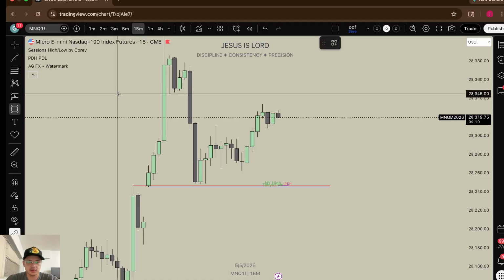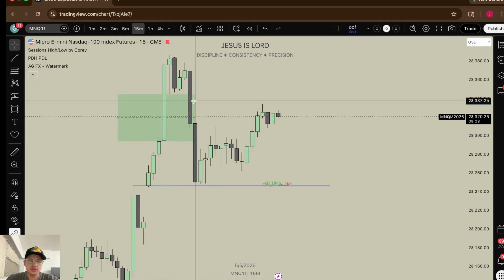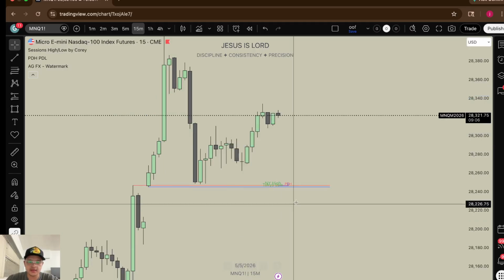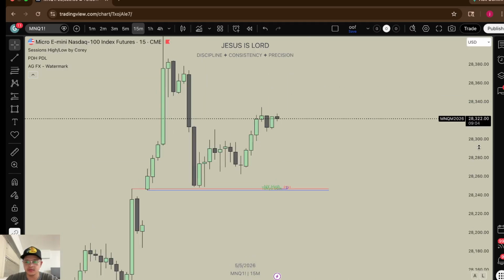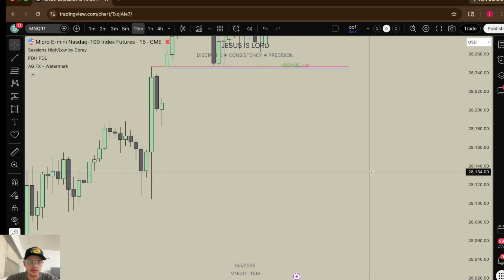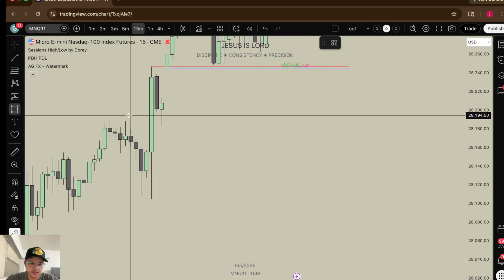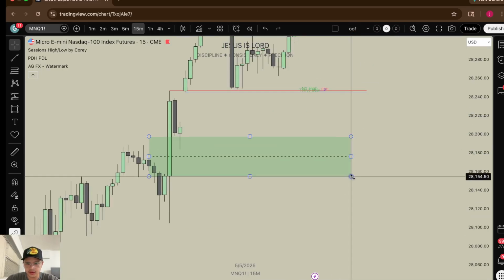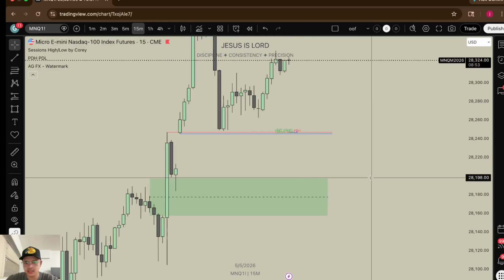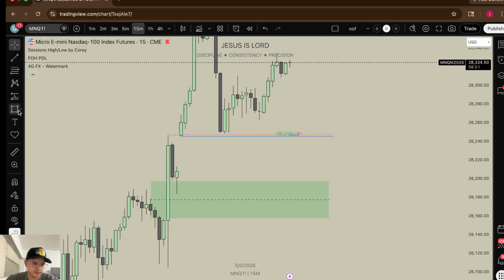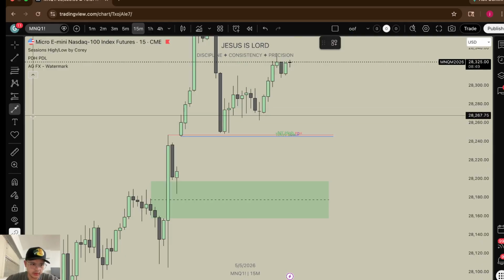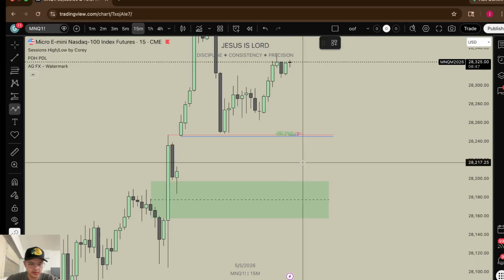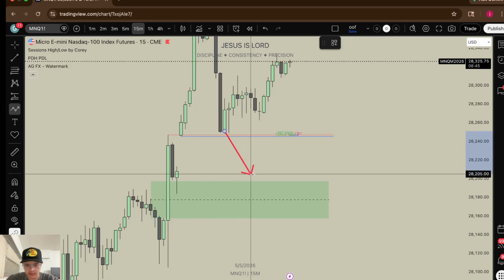Like this one here. So we use higher time frame fair value gaps as reaction zones. What does that mean? It means that when price hits this fair value gap, as part of our model, we want a reaction from a higher time frame fair value gap. When price hits that fair value gap, it's going to get some sort of reaction.